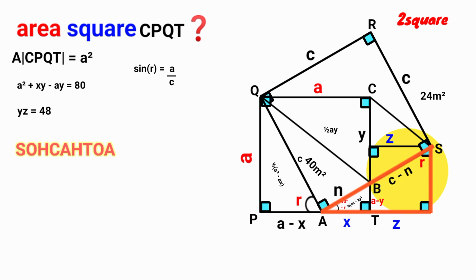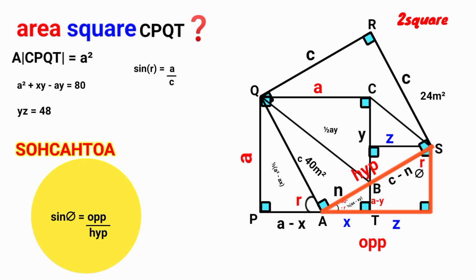So if we now use SOHCAHTOA on the triangle, taking this angle as theta, this is the opposite, and this is the hypotenuse. We know sin theta equals opposite over hypotenuse. Theta is r, opposite is x plus z, and hypotenuse is n plus c minus n, which is c.